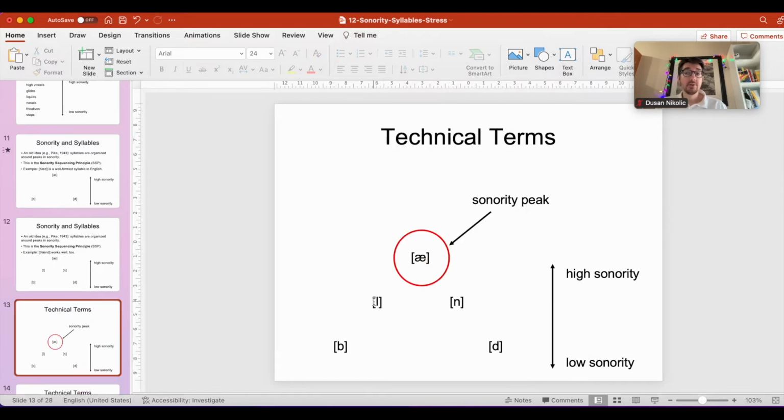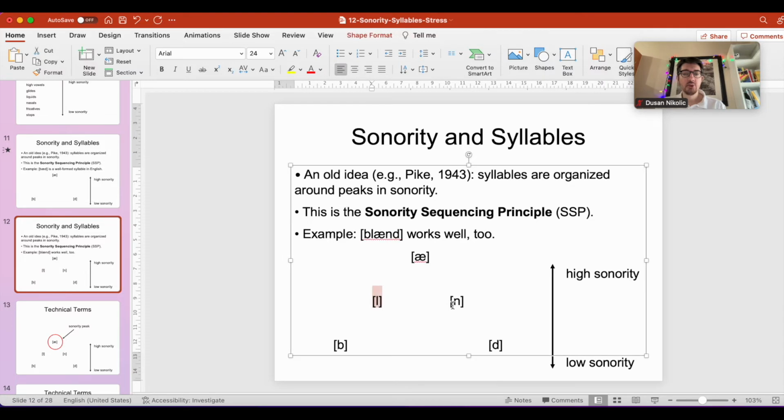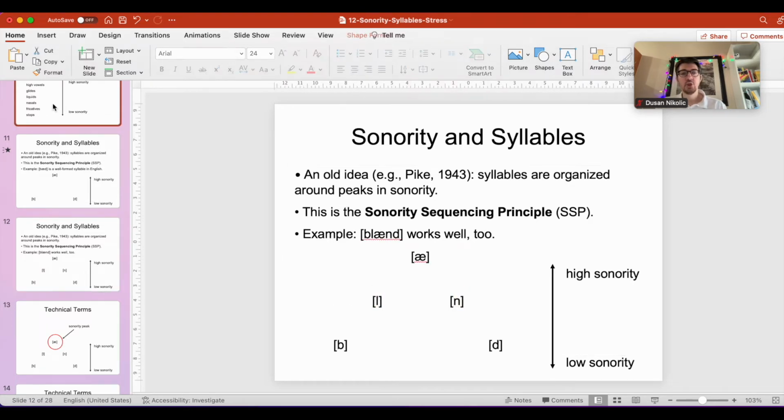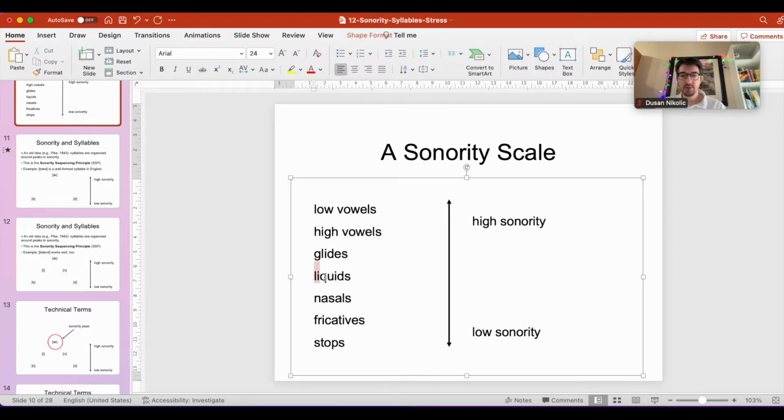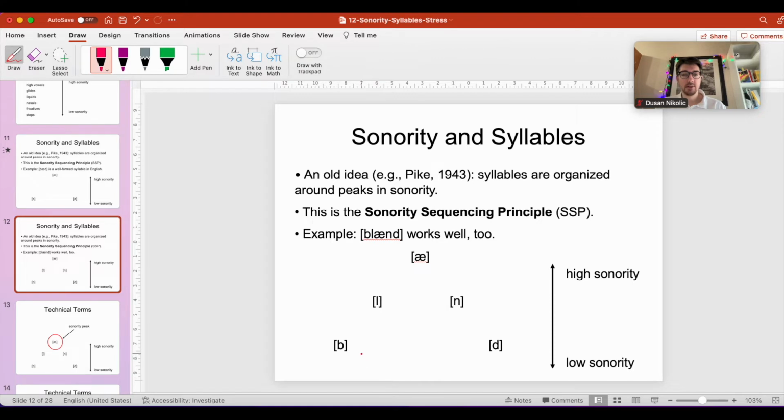To fill in the blanks here, we can introduce L and N. L is a liquid, so it's more sonorous, right? Then nasals are more sonorous than stops as well, and we can fill in the blanks here. So we are rising up in sonority, going up to the peak of the sonority.